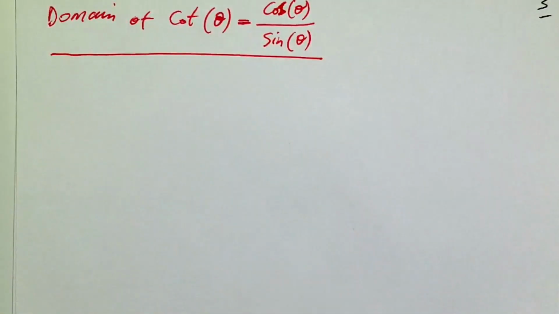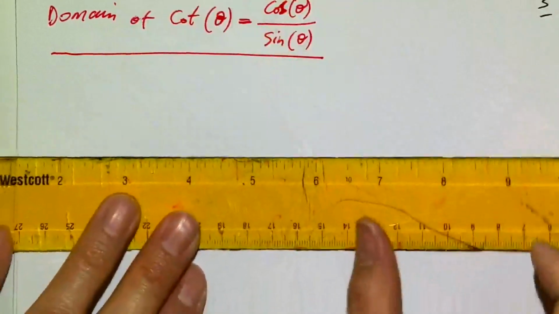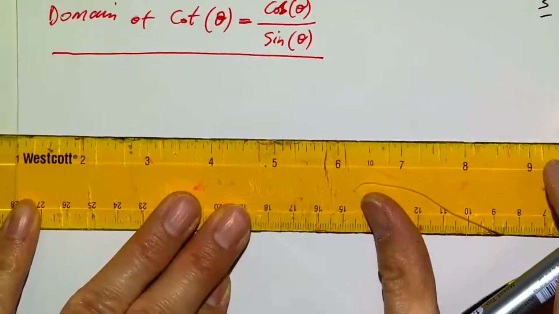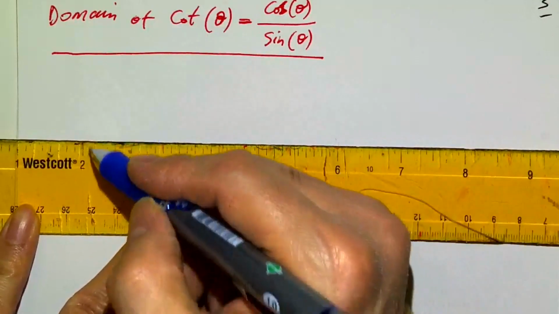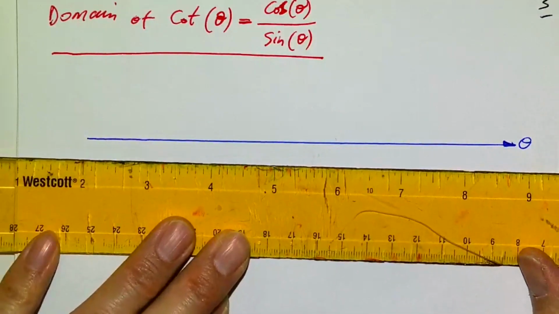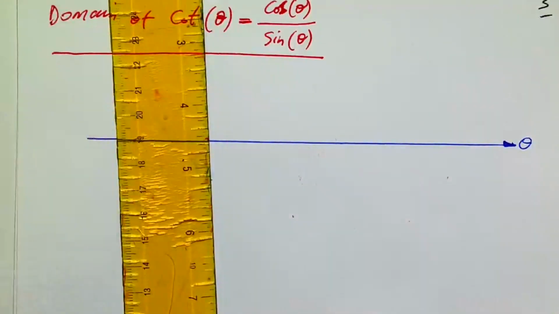Okay, so once again, let's draw these. We have this theta axis like that, and let's put the vertical axis.